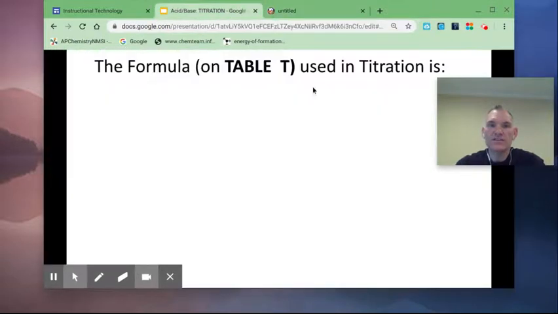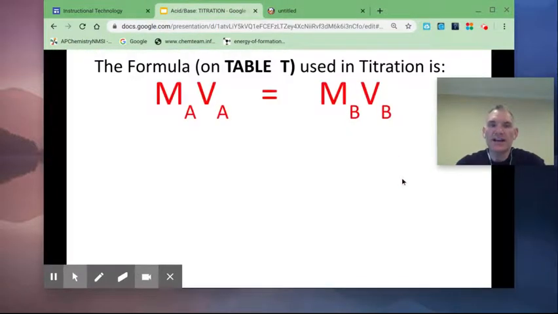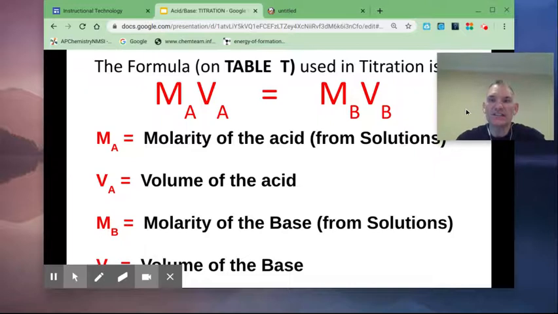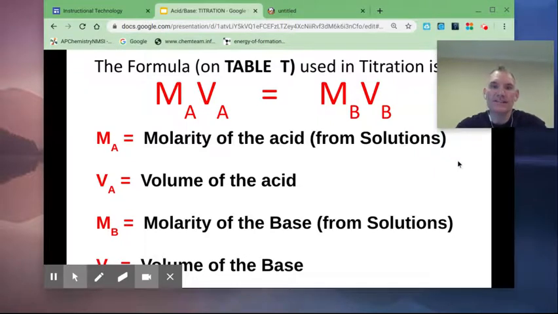Even better, it tells us what each of the variables are. So when we're doing titration, knowing it's on Table T, we have to understand what the process is going to be. MA is our molarity of the acid, and most of the time, they're going to tell us it directly in the problem using the symbol capital M. But if they don't give it to us and they give us some other measurements, we can use our solution mathematical chemistry to determine moles per liter.